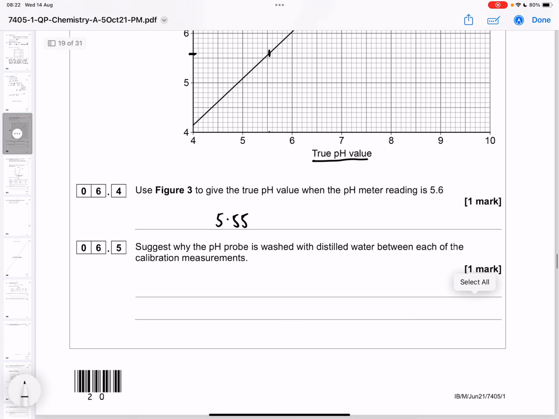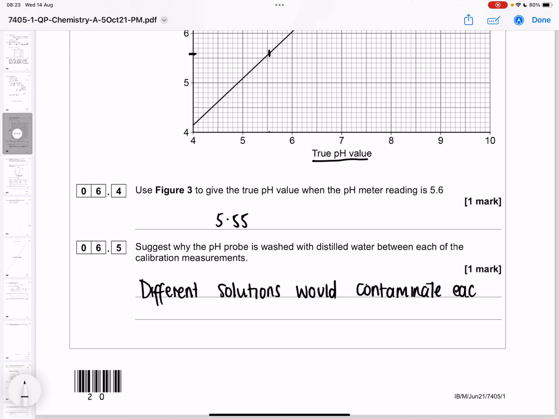Suggest why the pH probe is washed with distilled water between each of the calibration measurements, and that's because different solutions would contaminate each other. So we need to wash each solution off before we do the next.